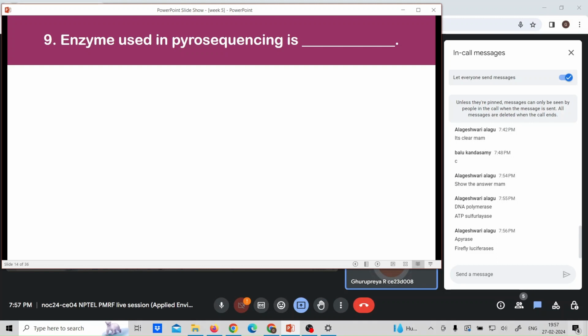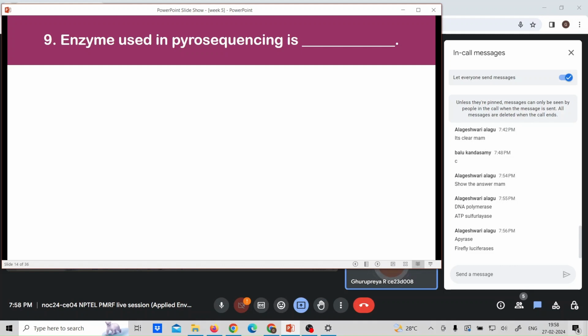ATP sulfurylase is an enzyme which converts APS to ATP. When this ATP is formed, the luciferase enzyme acts, which converts luciferin into oxyluciferin, giving off light. Then apyrase is another enzyme.